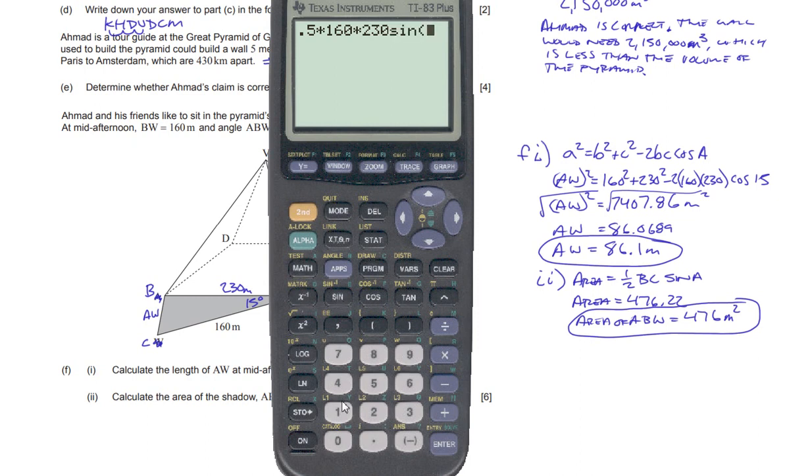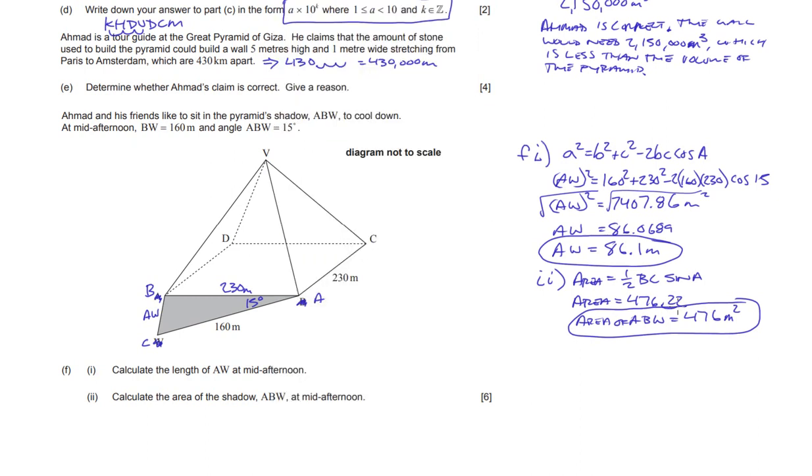And then sine of 15. 4762. So the decimal's off by 1. It should be over there. So here, let's do this: 4760, because this decimal really is right in there. And that's going to be meters. And again, this is area, so meters squared.